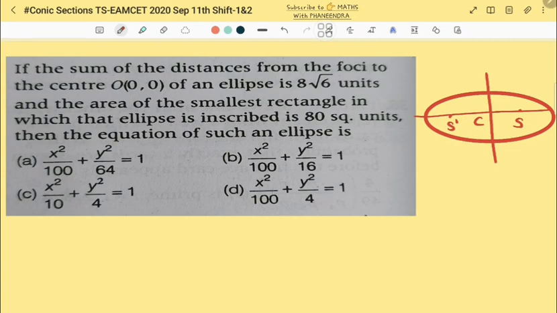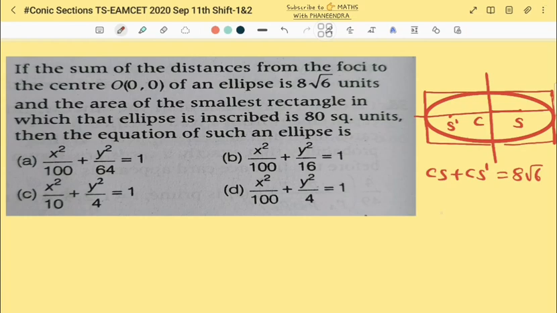If the sum of the distances from foci to the center, so CS plus CS dash, is equal to 8 root 6, and the area of the smallest rectangle in which the ellipse is inscribed. That means this is the rectangle, students. The ellipse was inscribed in this. I hope you understand.